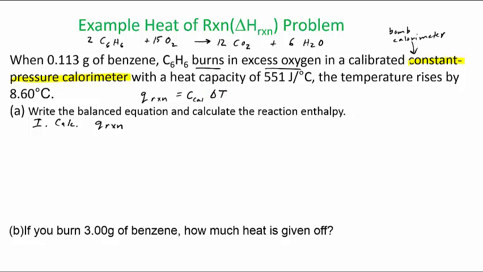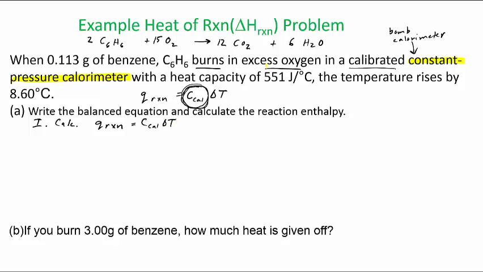It's because it says it's a calibrated constant pressure calorimeter. Calibrated means the entire mass of the calorimeter itself is factored into this number. So you'll see that the mass is absent from our normal heat equation. So anyway, this will be equal to C calorimeter times delta T.